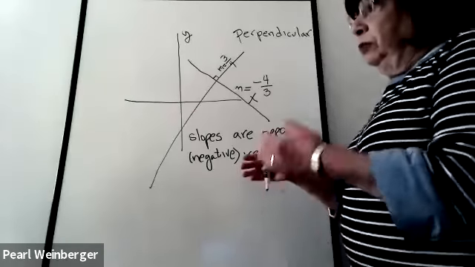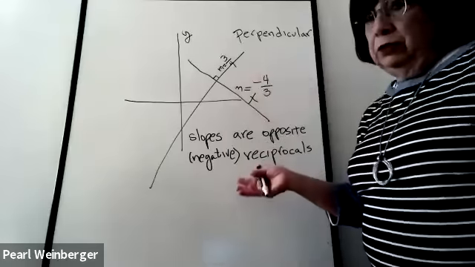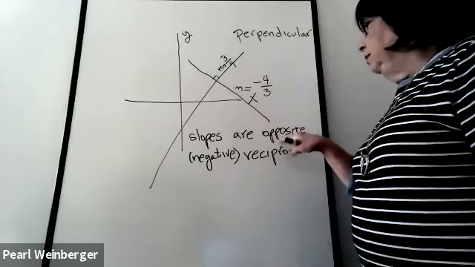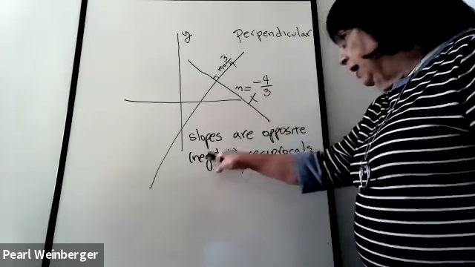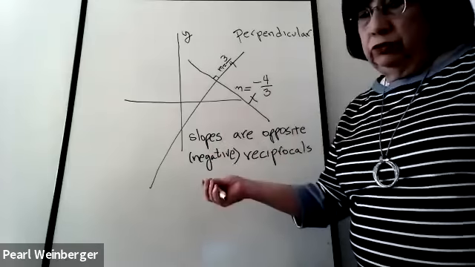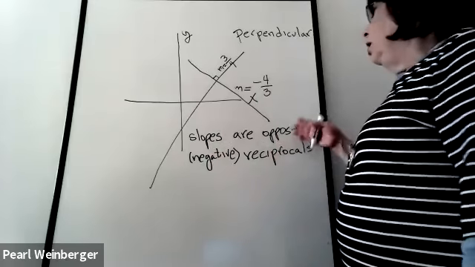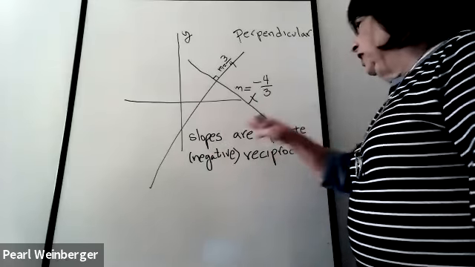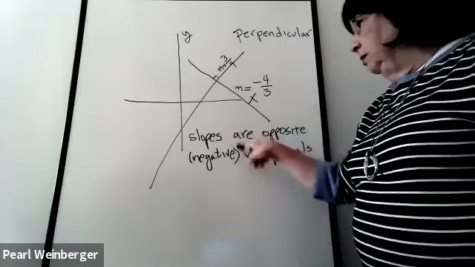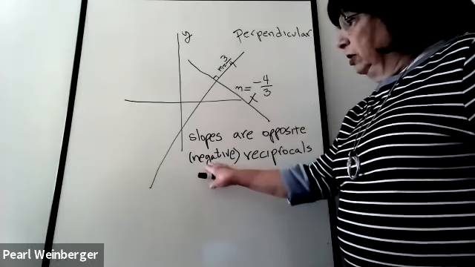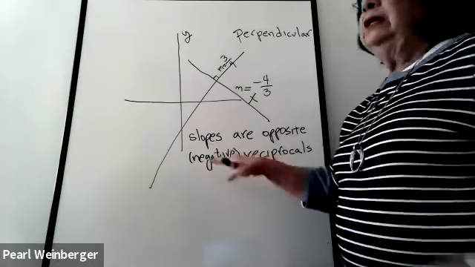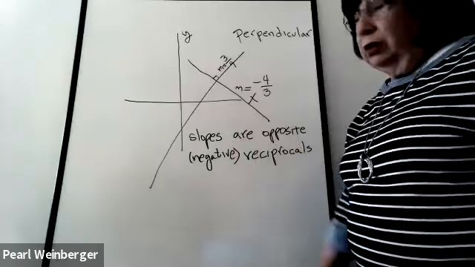The word reciprocal means you have a fraction and you flipped it over. Opposite means you switched its sign. So sometimes they use the term negative reciprocal. Again, that means you switch the sign. Or more descriptive, I think, is why I put this in parentheses and called it opposite reciprocals. I'm just using this because sometimes that's what you'll see in a textbook or you may have heard.